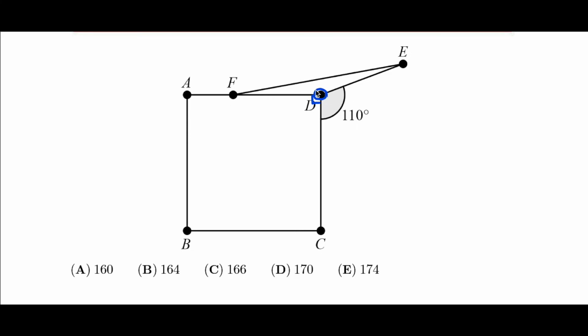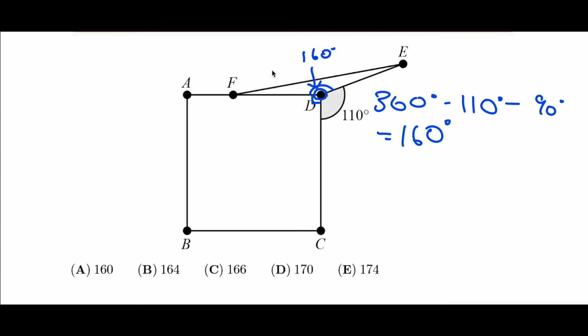So, in order to find out what angle FDE is, we have to do 360 degrees minus 110 degrees, which is EDC, and then minus 90 degrees, which is ADC. That gives us 160 degrees. So now we know that FDE is 160 degrees.